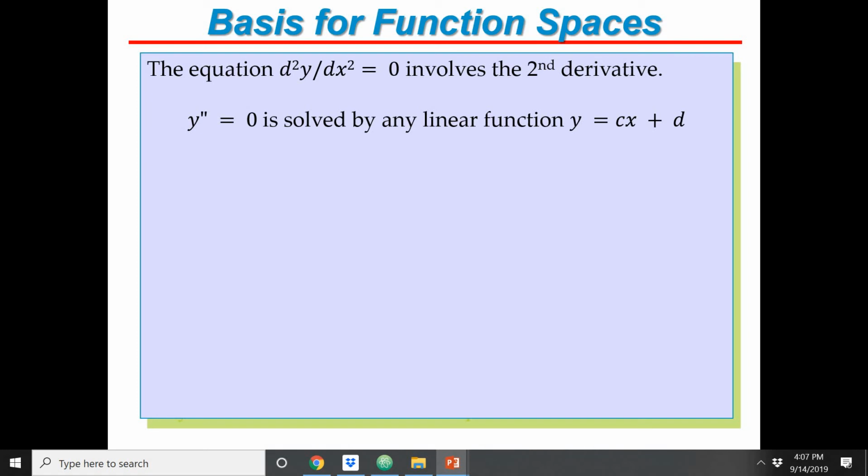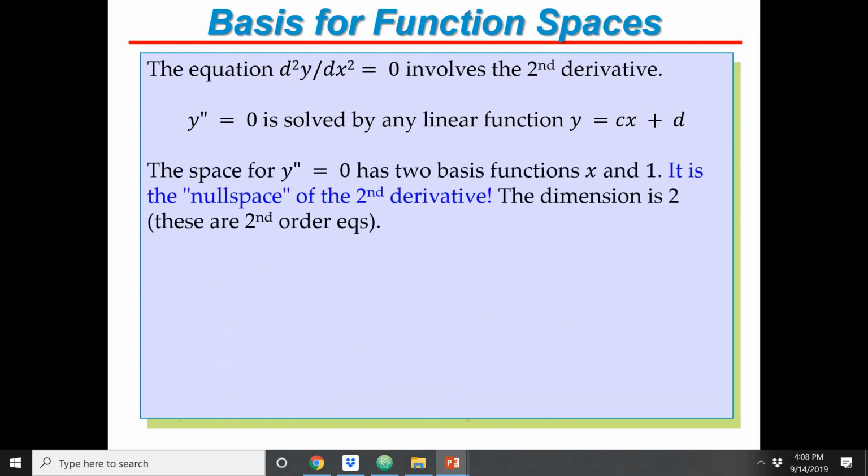This has a linear solution, a constant times x plus some constant. So the solutions to the null space problem that corresponds to this homogeneous equation are the function 1, from this term, and the function x. So the null space has dimensionality 2 in this particular problem.